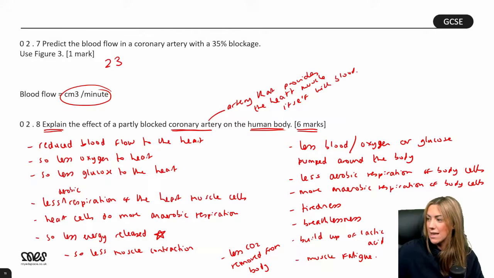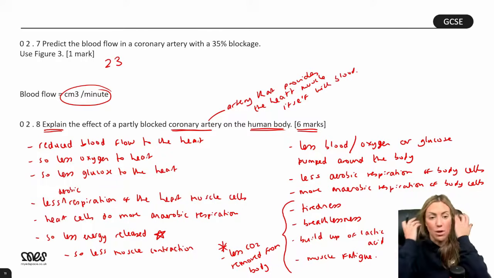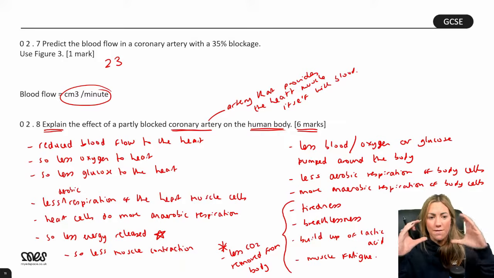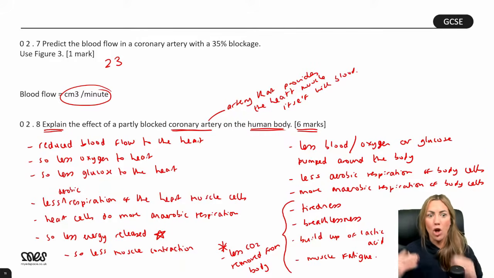So things like this: tiredness, breathlessness, buildup of lactic acid, muscle fatigue, or less oxygen removed from the body. I would kind of split my answer into 3, like the effect on the heart, the effect on blood flow around the body, and then a consequence on our body, like how we actually feel or what would actually happen. But yeah, not an easy question, so I hope that explanation has been useful.